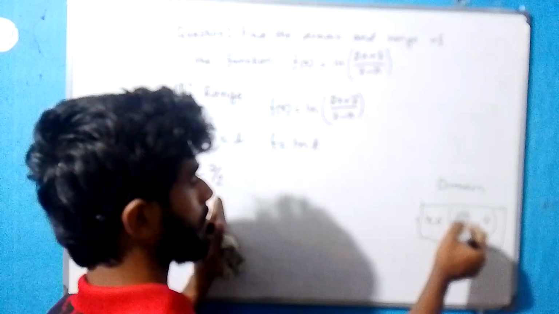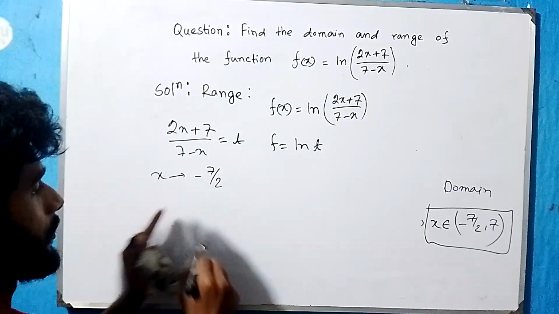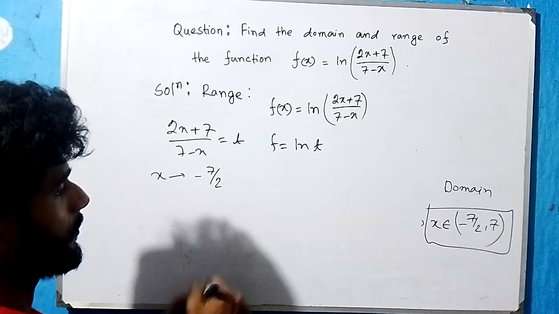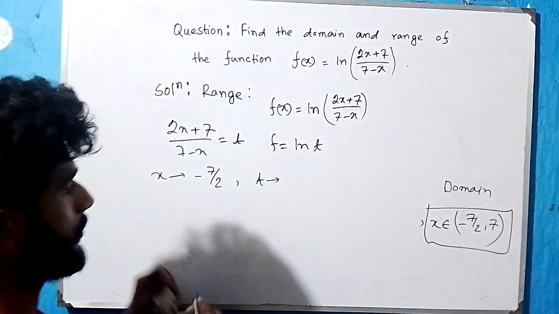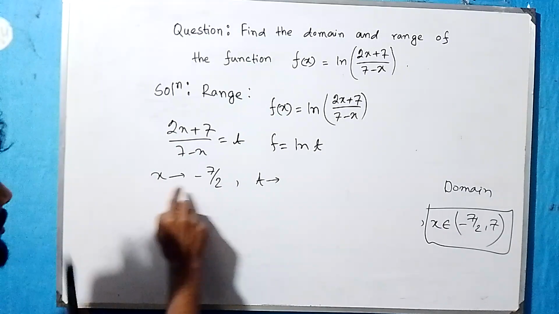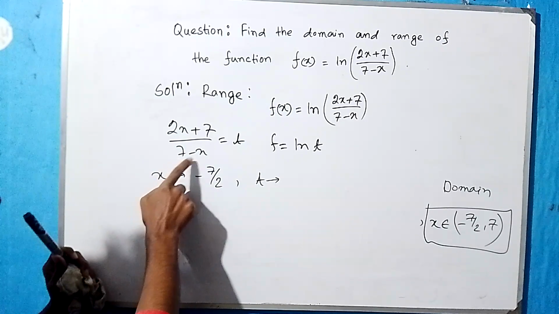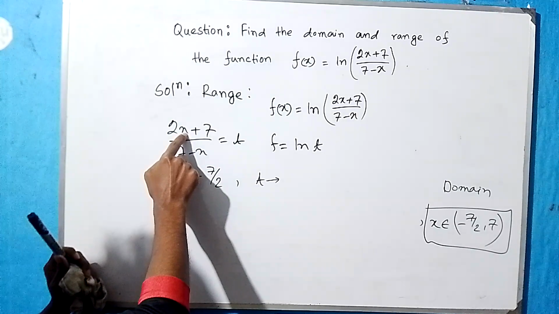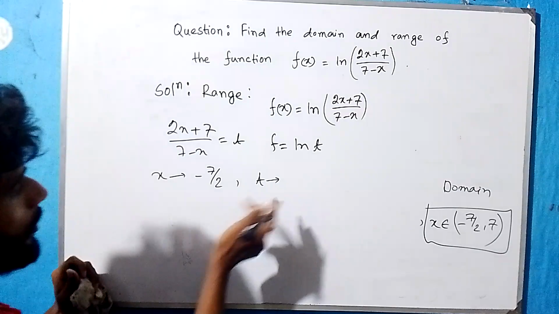Because here negative 7 by 2 is neglected. So if x moves to negative 7 by 2, then t moves to what?